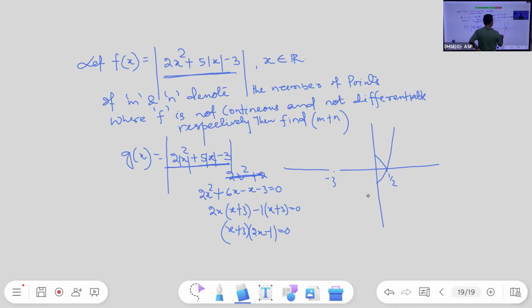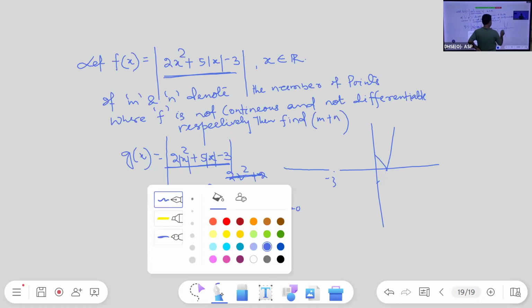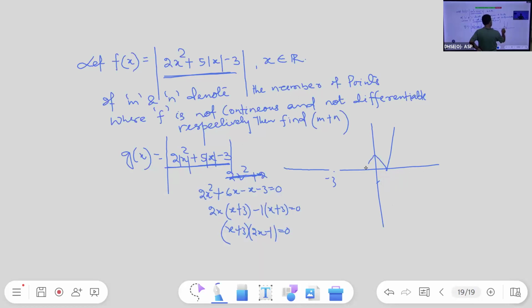Then take the mirror image of the graph of the right hand side. This is half. This is minus half. This is 0. This is the graph of the function mod of 2x square plus 5 mod x minus 3.